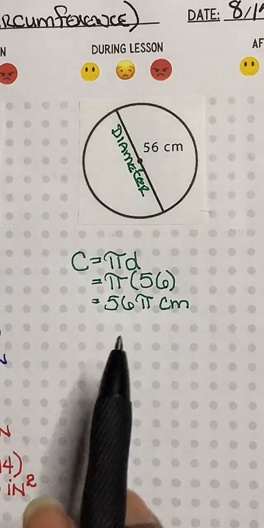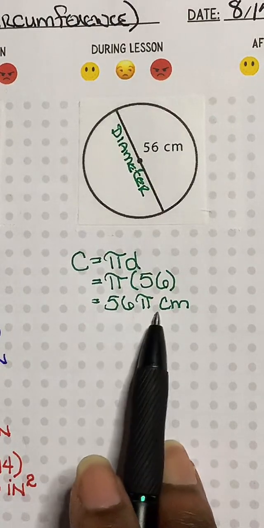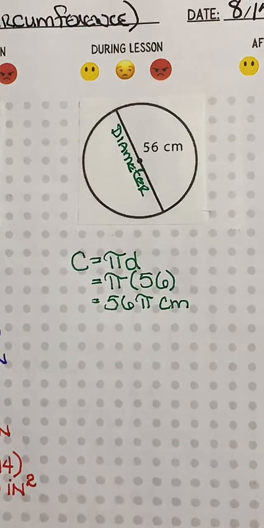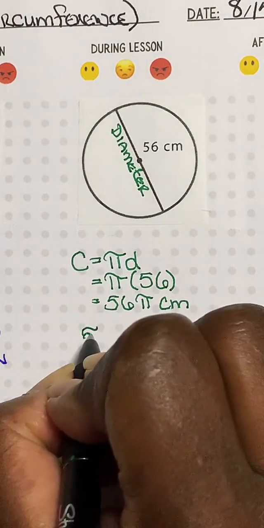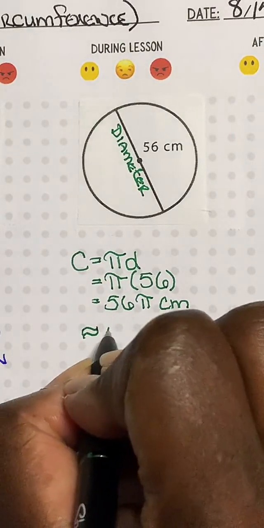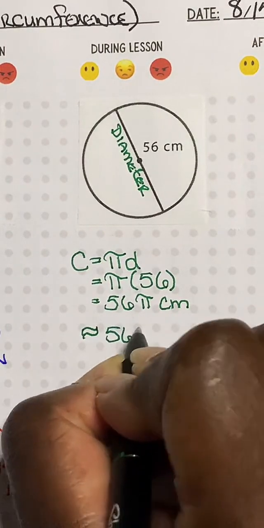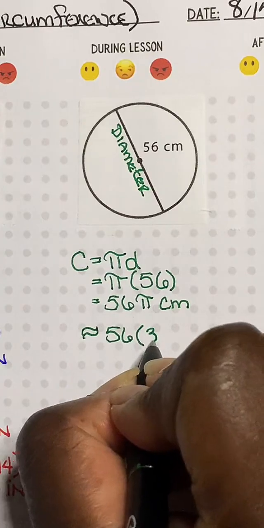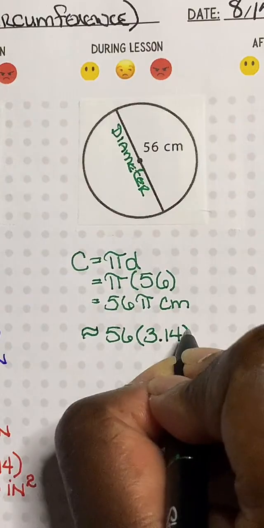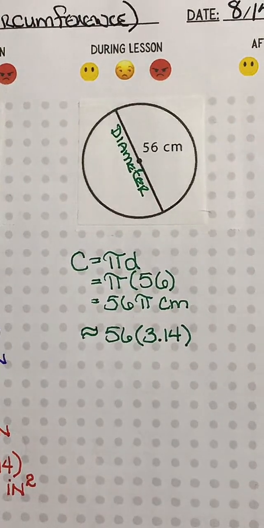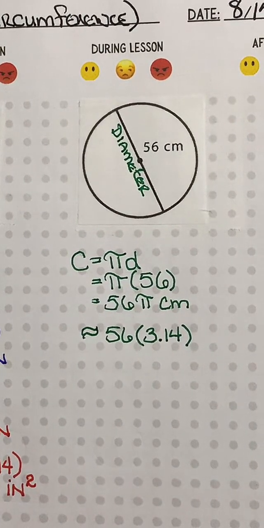All right. So if they want the exact, that's your answer, 56 pi. But if they want the approximate, we're going to have to take this 56 and multiply it by roughly 3.14. GED, I can easily see that happening. Okay.